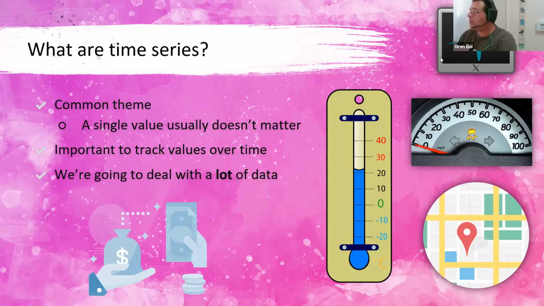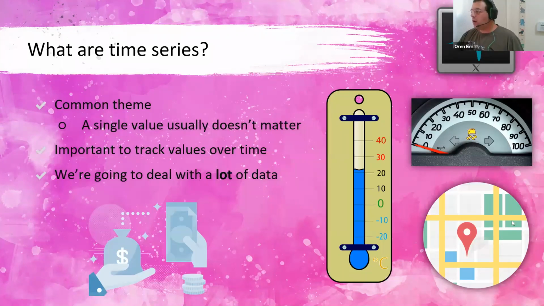That's meaningless on its own. But if you know that my average heart rate is X, that is something that matters. And if you see that your average heart rate is increasing on a year-by-year basis, maybe you need to go out and get some exercise.